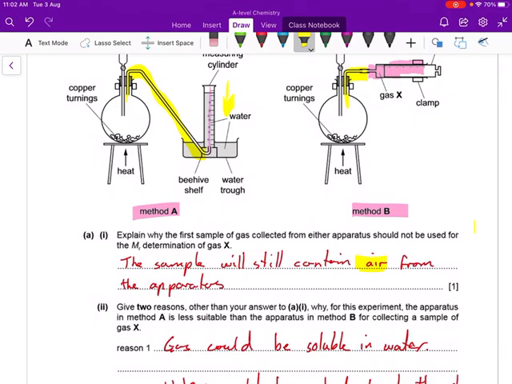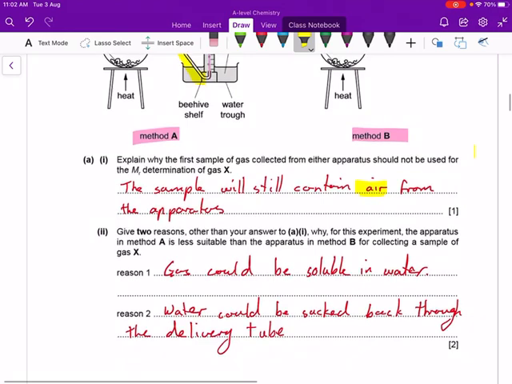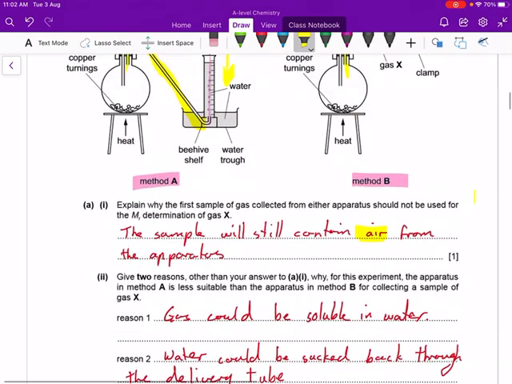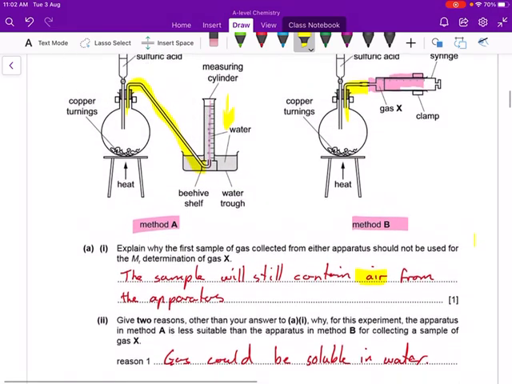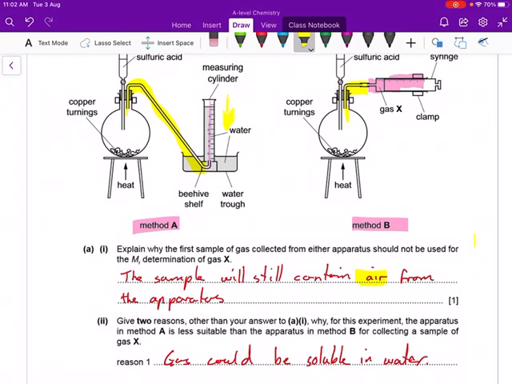Two other reasons why method A would not be a good method. Well, we said that there's water, so that gas might react with water if it's acidic, and we know this might be nitrogen dioxide gas going off and forming nitric acid. So yes, it's most probably going to dissolve in the water or react with the water, making the gas volume less at the top there.